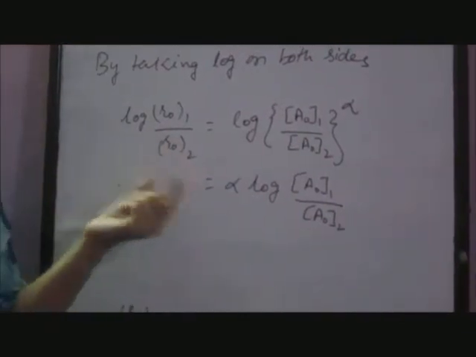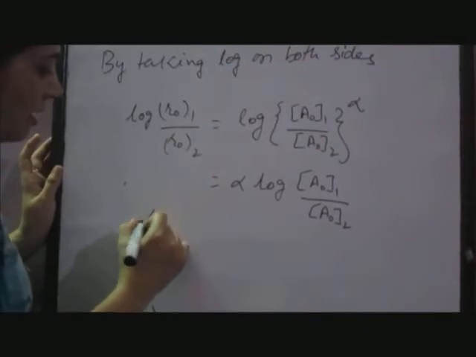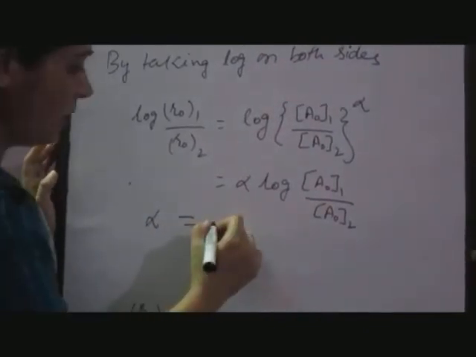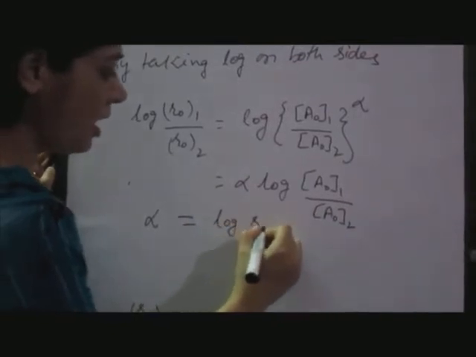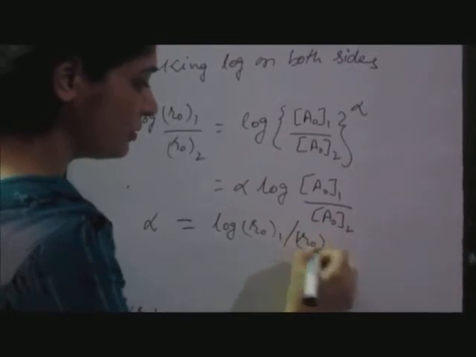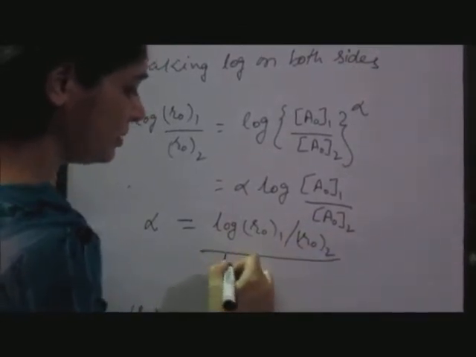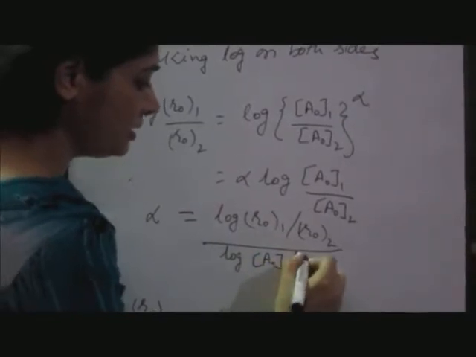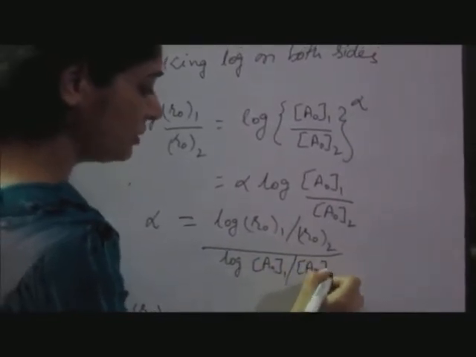From here we can calculate alpha. Alpha is equal to log R0,1 upon R0,2 upon log [A]0,1 divided by [A]0,2.